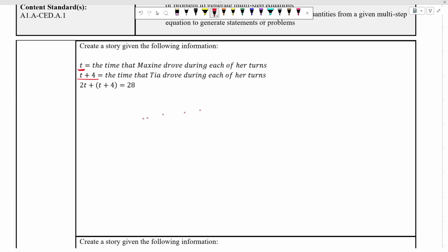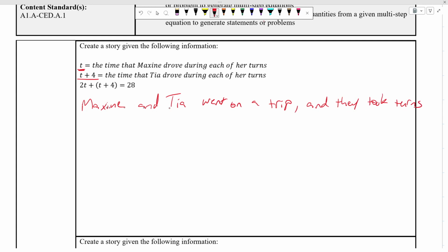So let's see. I'm going to say, oh, good old Maxine and Tia, they went on a trip together. They took turns driving.